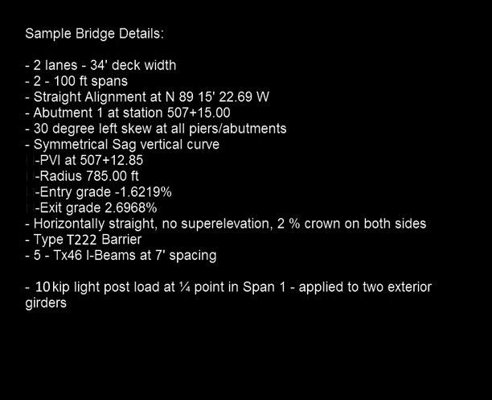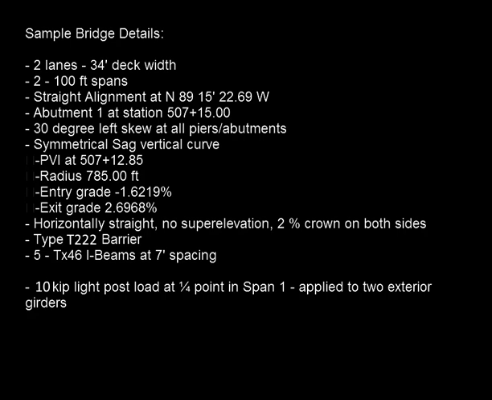Let's take a look at the Texas bridge we'll use for the tutorial. You can download detailed plan sheets for the bridge on the web page where you found the tutorial on PGSuper.com. It's a fairly simple two-lane bridge with a 34-foot wide deck. The two 100-foot spans are simply supported, as is typical in Texas.